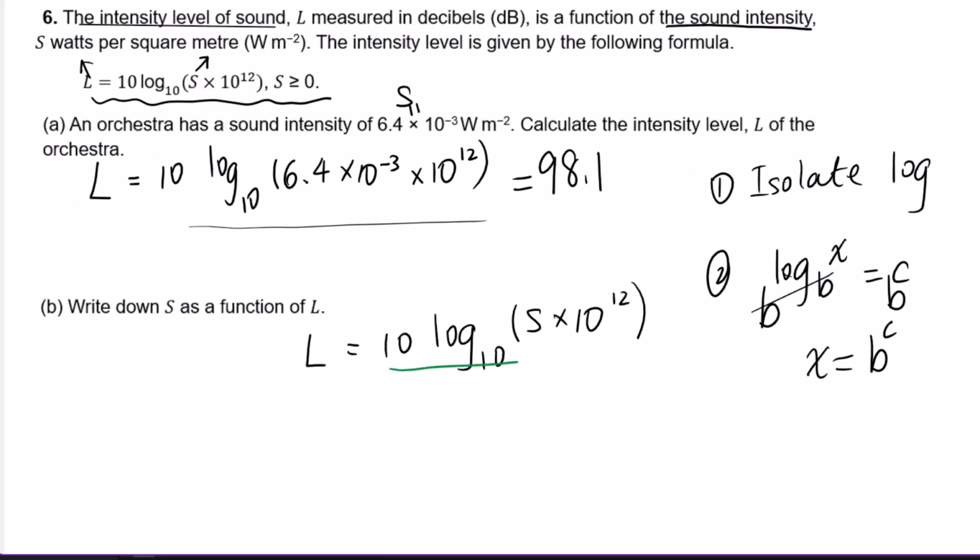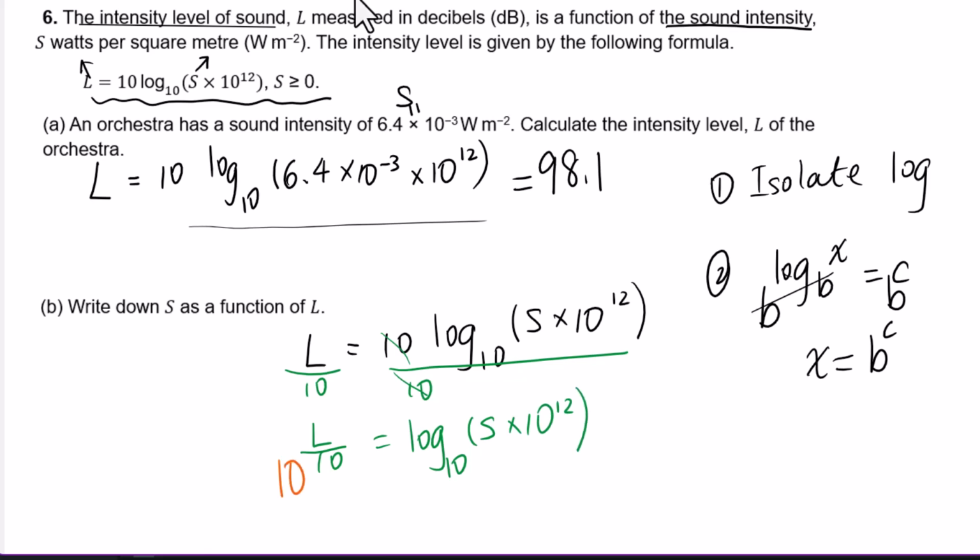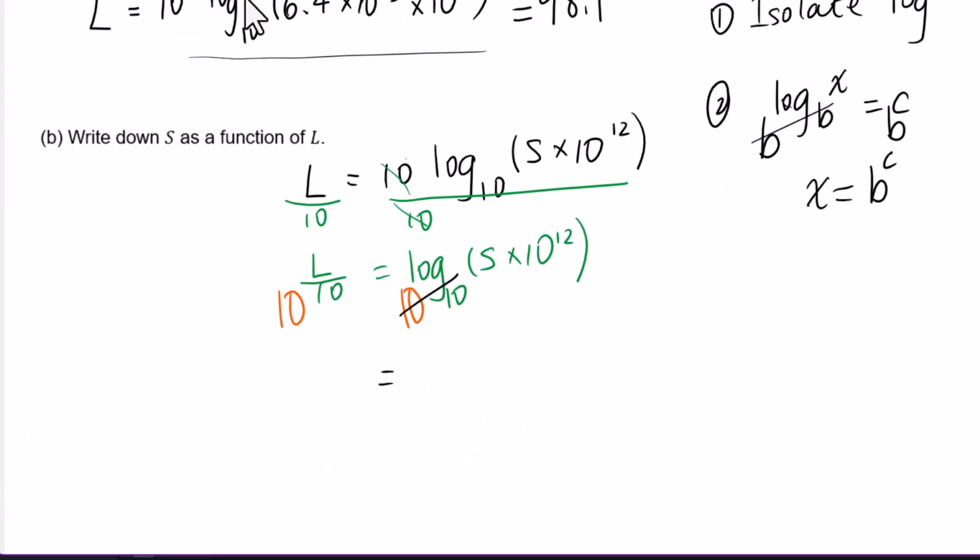First step, divide by 10 on both sides. L over 10 equals log base 10 of S times 10 to the 12th power. Add base 10 on both sides. Cancel on the right, S times 10 to the 12th power. Left side, 10 to the L over 10 power.